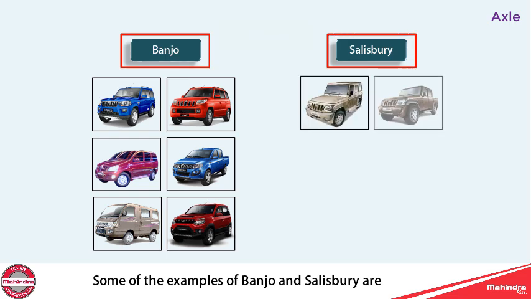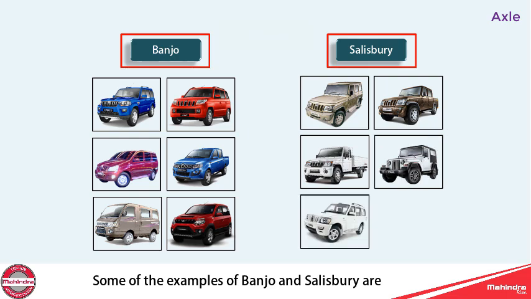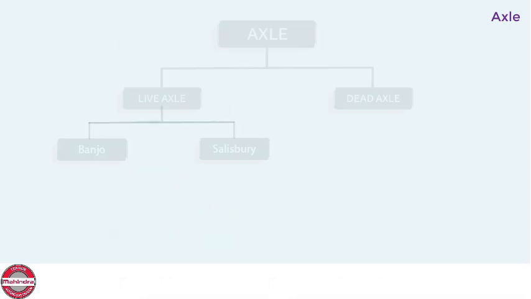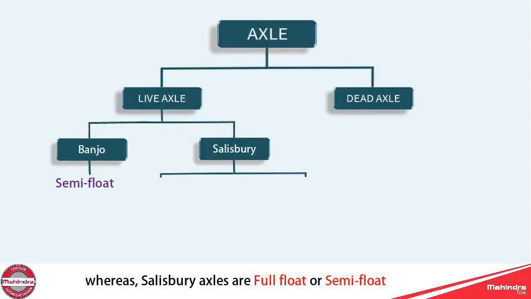Bolero, Bolero Camper, Bolero Pickup, Thar Di and Scorpio. Banjo axles are semi-float axles, whereas Salisbury axles are full float or semi-float.